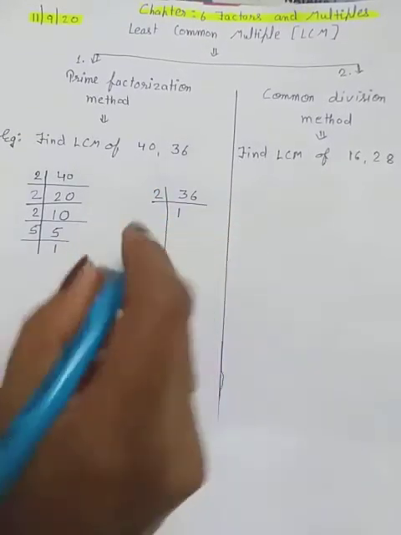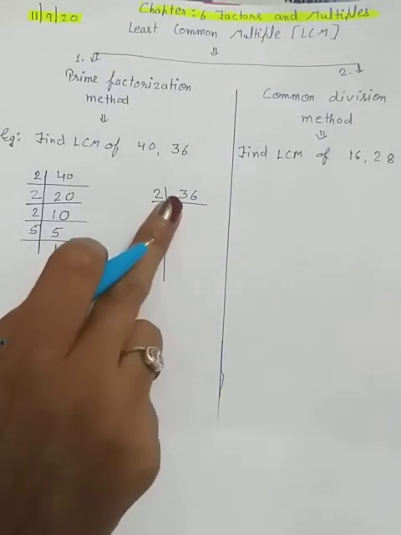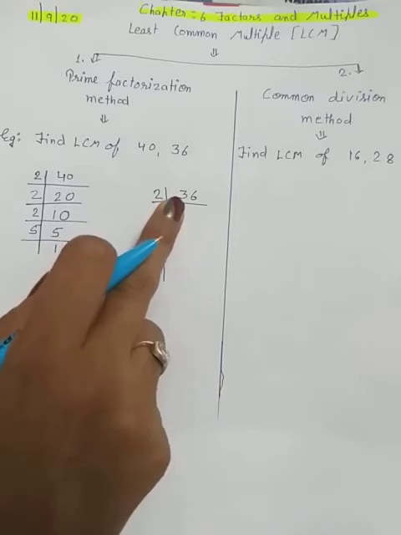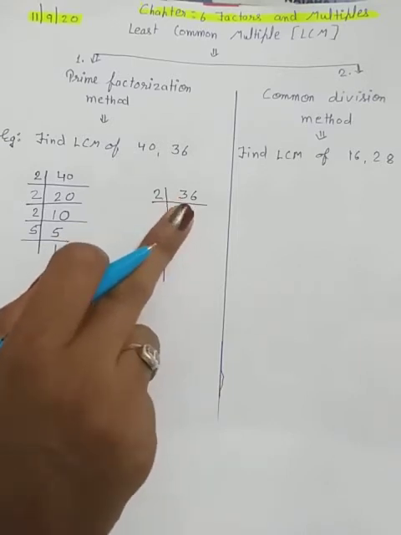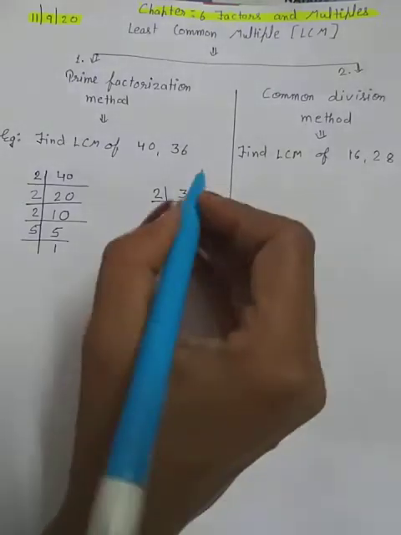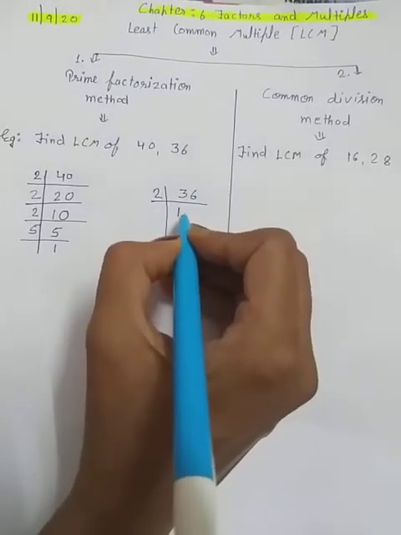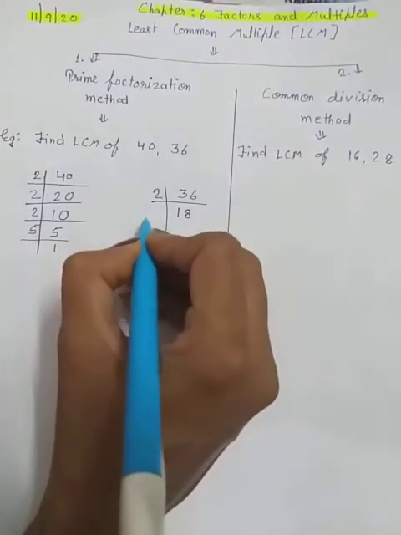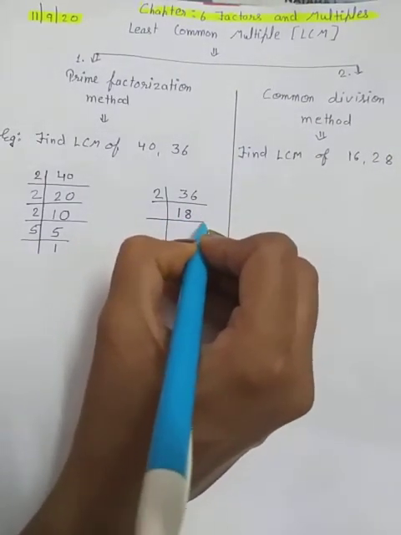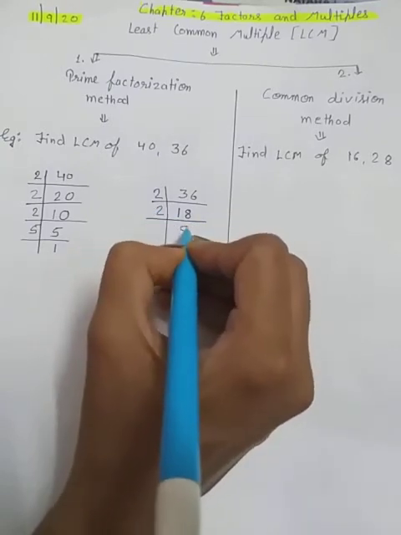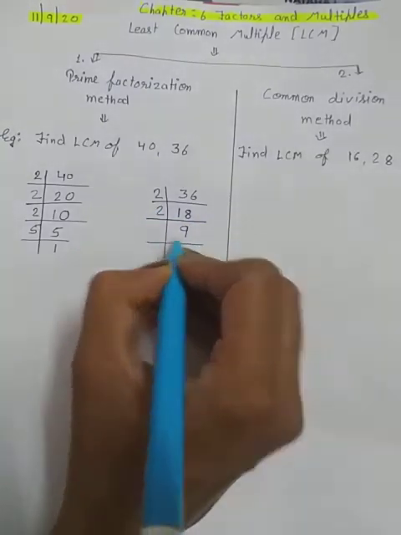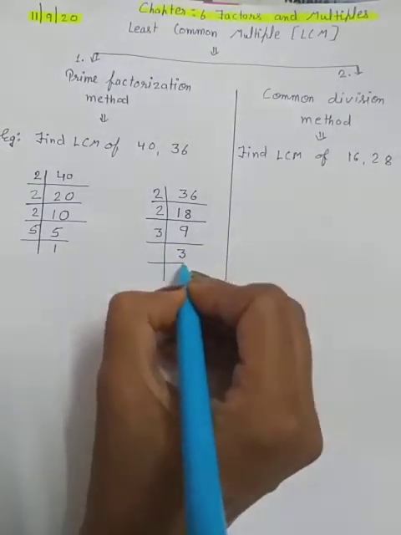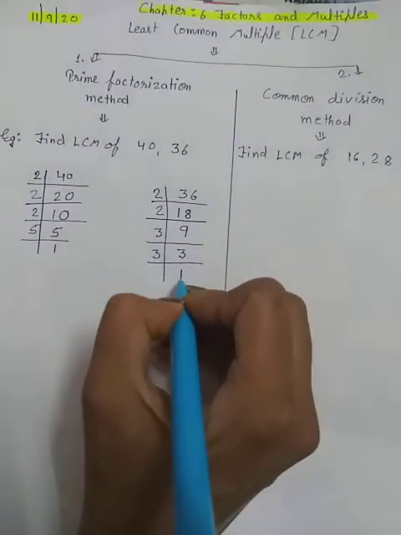Okay, next we have 36. 2 ones are 2, and we have 3. 2 eights are 16. Next, by which number can we divide? 2. 2 nines are 18. Then 3. 3 threes are 9, and 3 ones are 3.